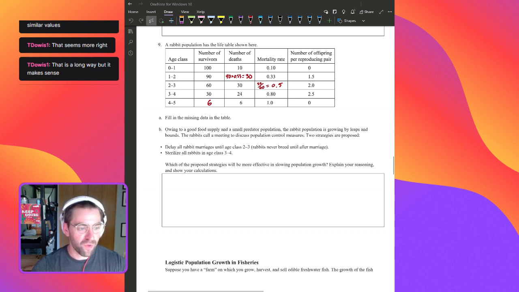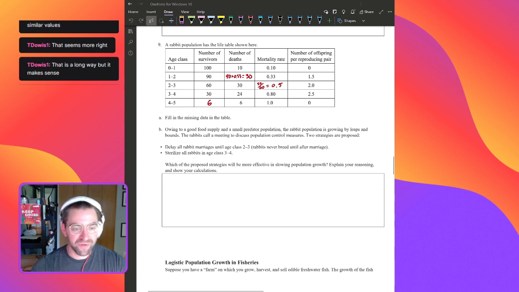For a cohort of 100 rabbits born in years 0 and 1, that would be 90 or 45 pairs of rabbits will each have 1.5 offspring during year 1 and 2. So they'll add about 67.5 rabbits to the population.